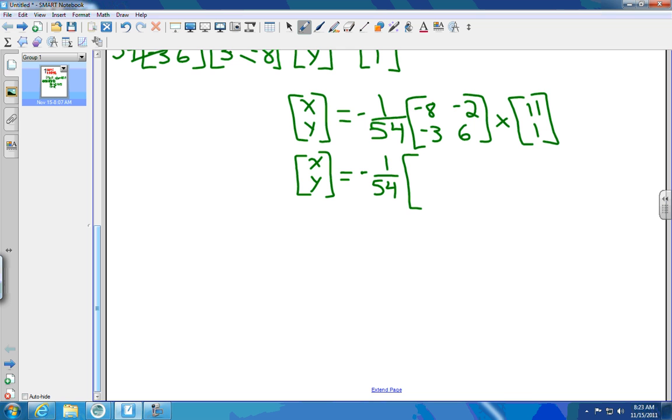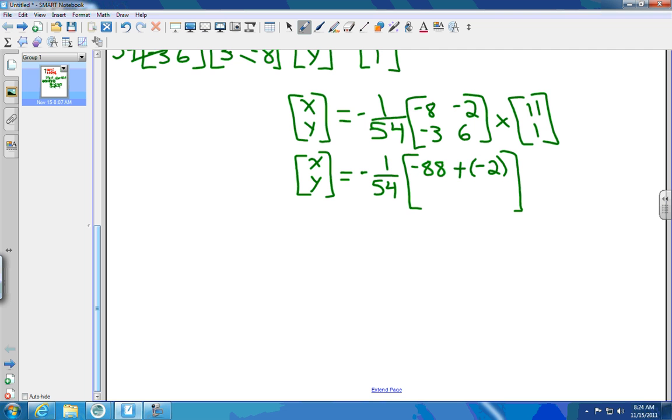So again, it's just another review of multiplying matrices, but you'll have to do a lot on your test because you're pretty much multiplying in about every section we've done. And it is always row times column, row times column. So -8 times 11, -88. And what is the operation always in multiplication? Is it add or subtract? Yeah, it's always plus when you're multiplying. And then -2 times 1 would be -2.